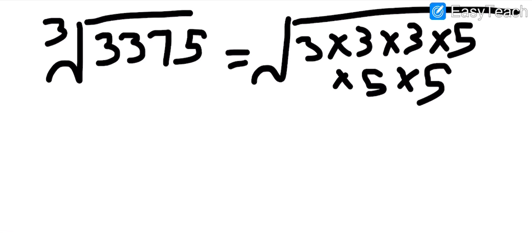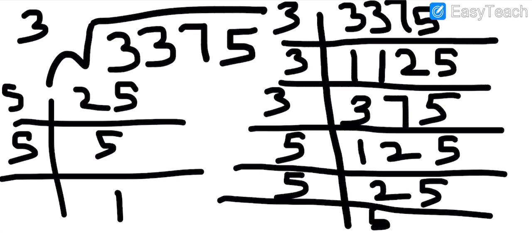Right? This is what we did. If you could see, 1 2 3, 1 2 3. So we have 3 times 5. I did it here. So 3 times 5.